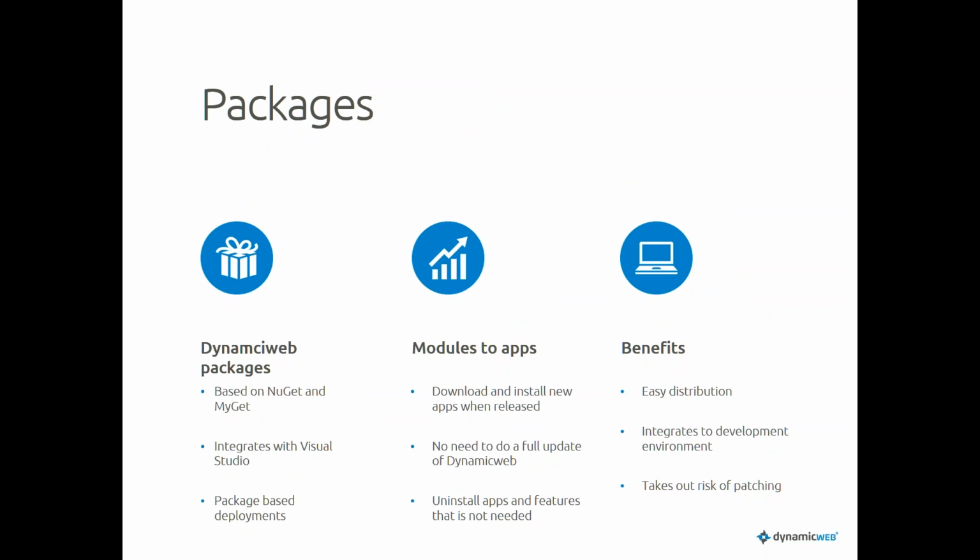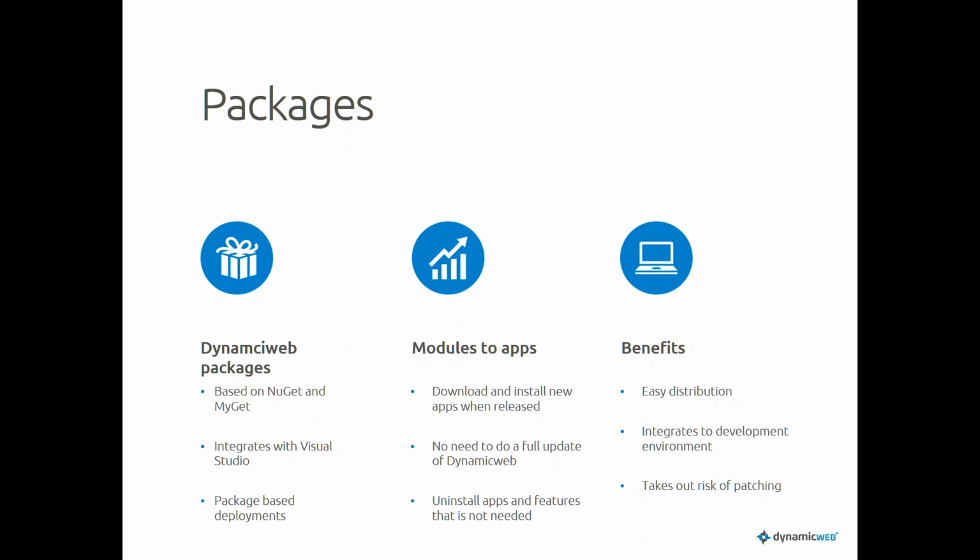As I said, Dynamicweb packages are based on the NuGet package format that is supported by Visual Studio and a lot of other development tools, and it's hosted on MyGet on a Dynamicweb specific feed. As I said, there are a lot of benefits out of this, and this also means that what we know as modules today is going towards the concept of apps.